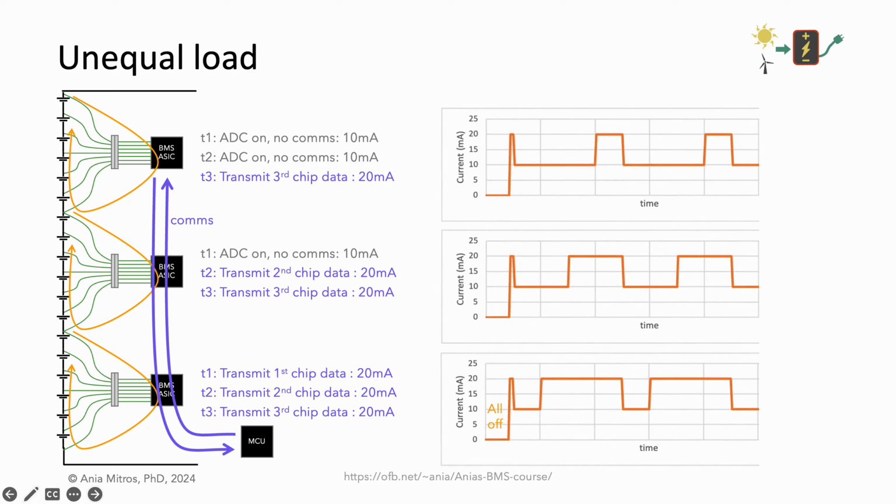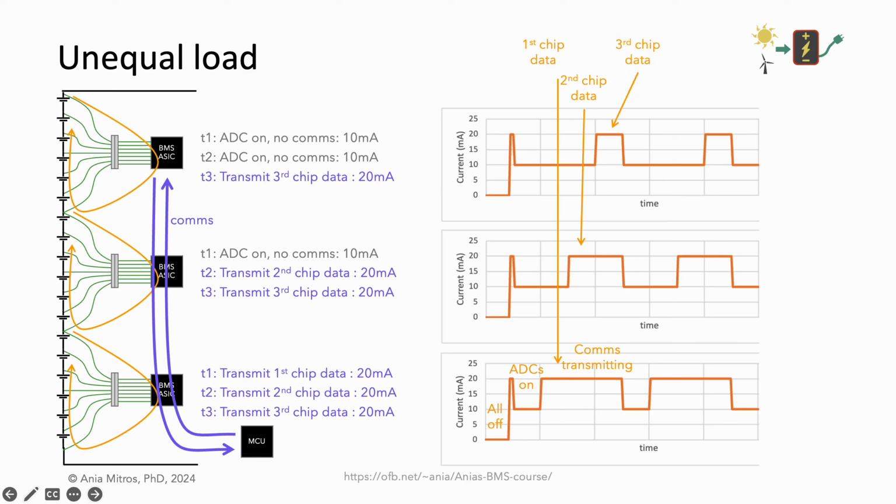Initially, everything is off, and the currents are near zero, some tens of microamps possibly. Then, the MCU transmits a short communication requesting chips to enter their active state, resulting in a power supply blip. Now, the first chip transmits its data with a corresponding current increase. Then, the second chip transmits its data, relayed by the first chip, with corresponding supply current increases for those two chips.